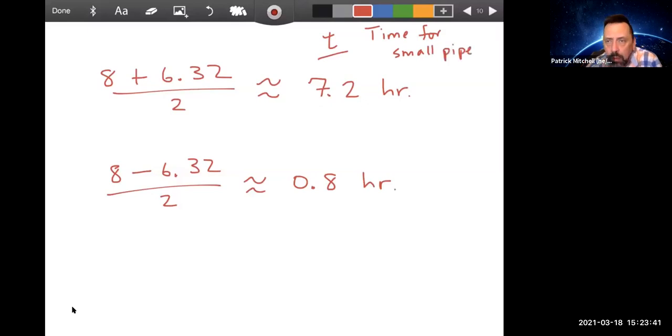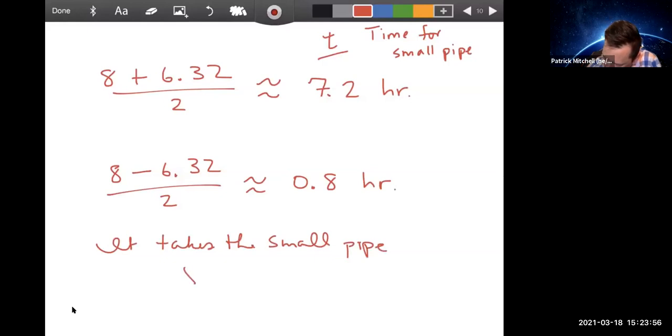Okay, so the problem is not with the small pipe. The problem is actually with the large pipe. Because remember, it takes the large pipe 2 less hours than it takes the small pipe.